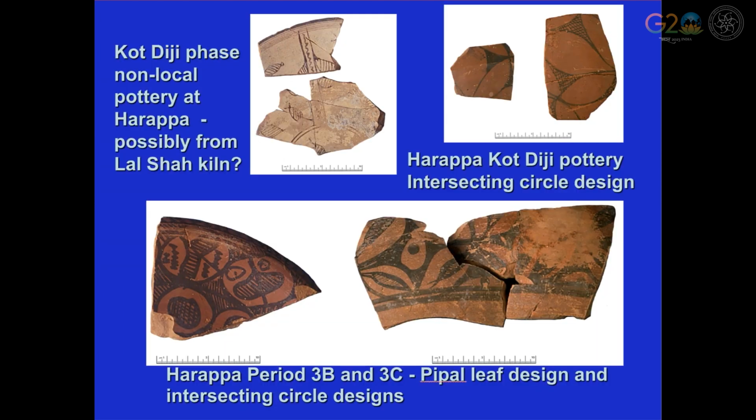We see at Harappa very distinctive changes in painting style between the Kotdijian and the Harappan period. So the motifs are the same, but the thickness of the brush is different, and this can be compared to the thin painting style found on pottery from Baluchistan. This is from a site called Lal Shah near Mehergarh, and made with a different kind of clay.